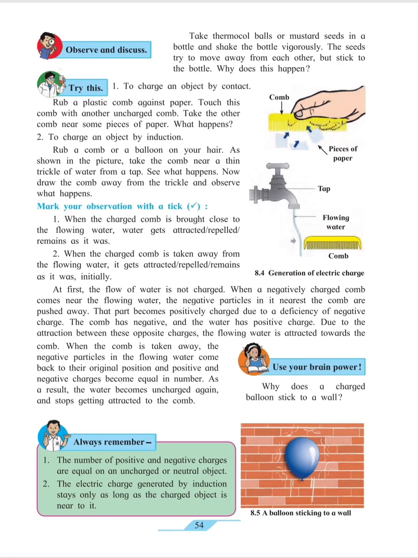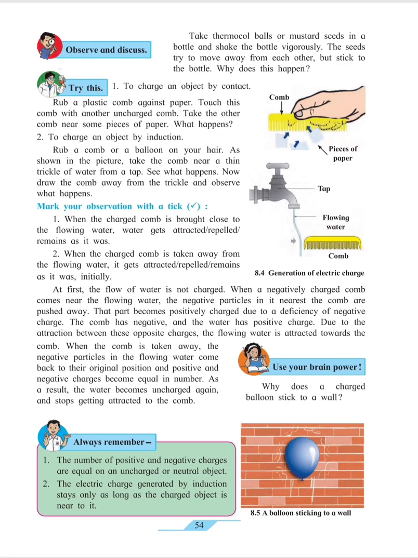You will observe that the tap water gets attracted towards the comb, as the comb has negative charge and the flowing water does not have any charge. So as the negatively charged comb gets closer to the water which is flowing, which has no charge, they get attracted since they have opposite charges.